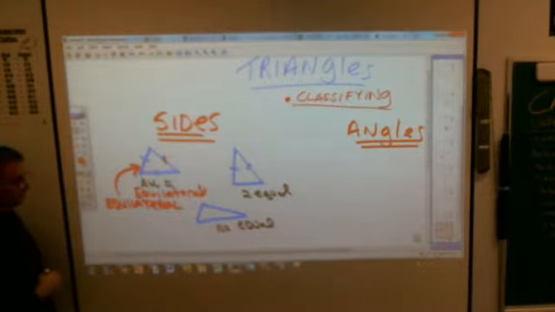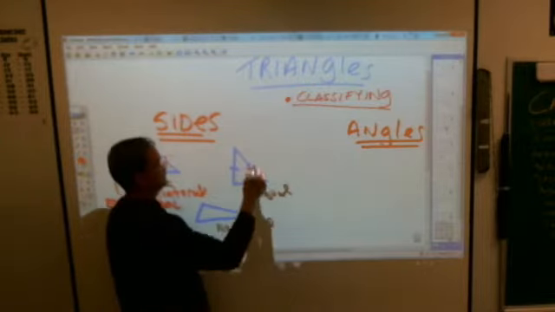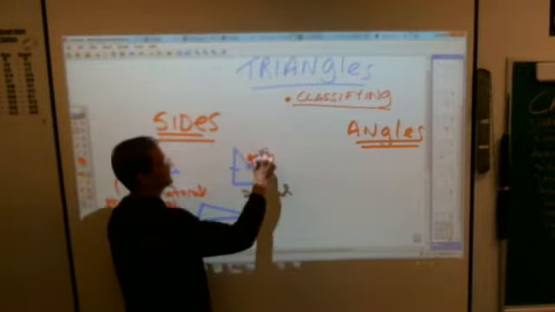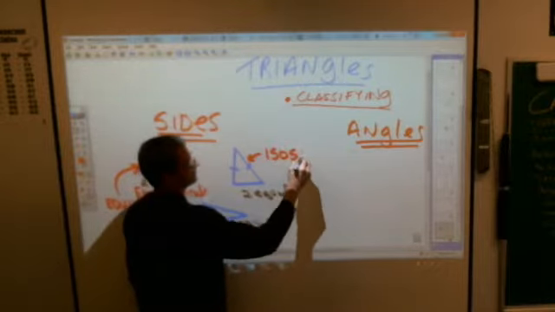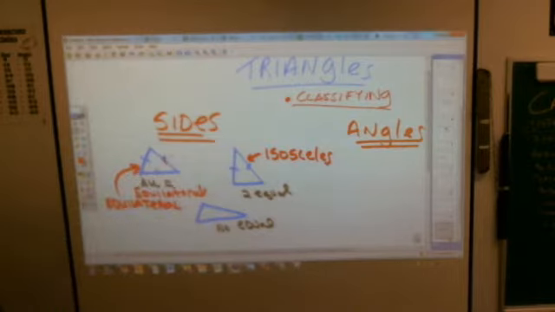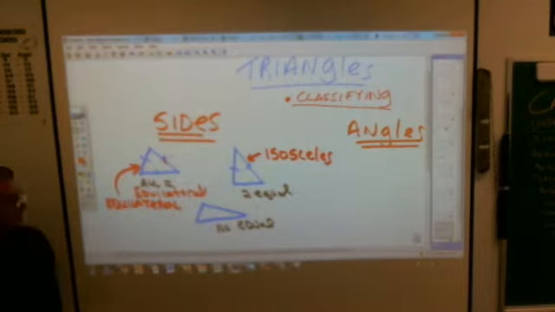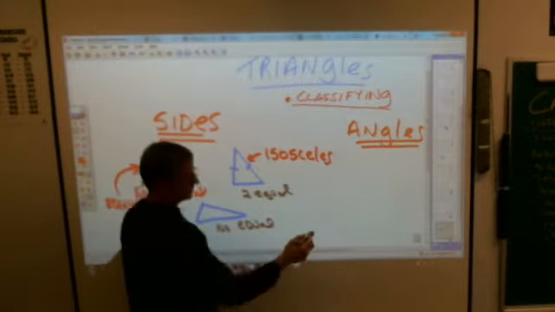If only two sides are equal, that triangle is called, does anybody know that? Without looking in the book. Katerina, it is isosceles. Isosceles. Two equal sides.